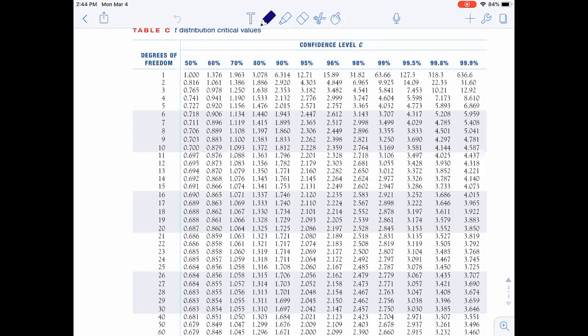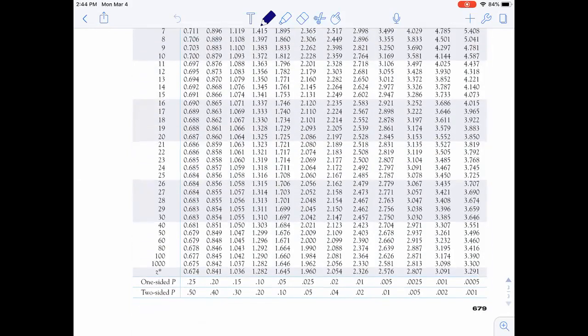And then to find your p-value, you're going to roll down to the bottom. 15 degrees of freedom in our made up example, somewhere between 1.753 and 2.131. Our one-sided p-value, if that's what we wanted, is between 0.025 and 0.05.